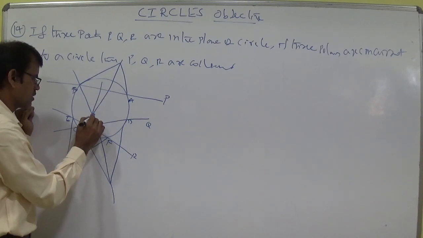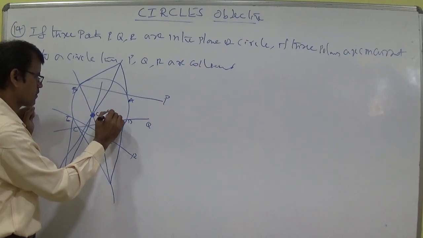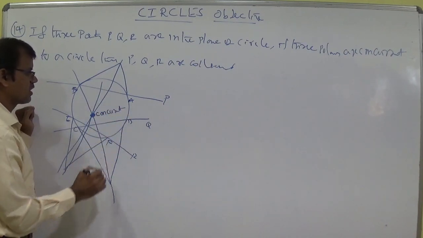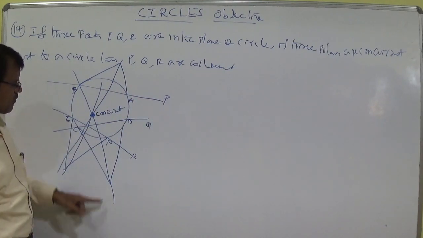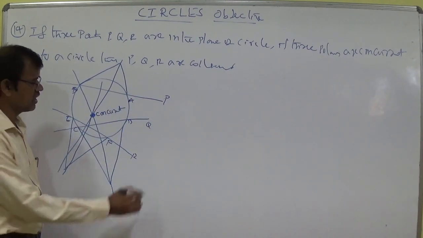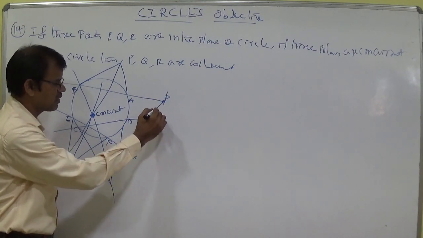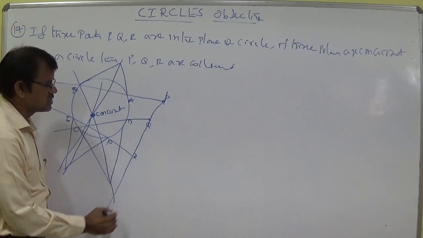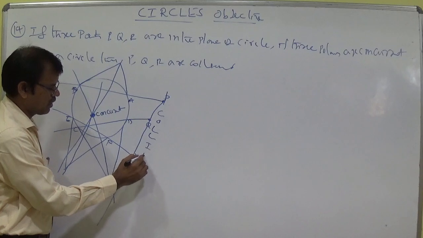What is happening? It is concurrent. Whenever the polar of P, polar of Q and polar of R are concurrent, then P, Q, R lie on the same line. Now you can say they are collinear.